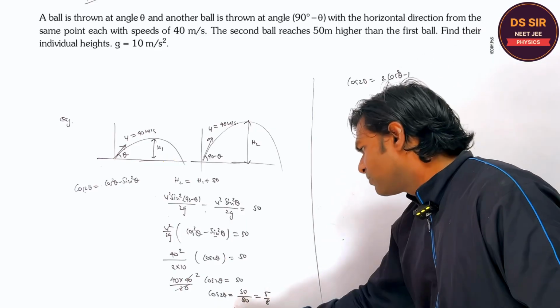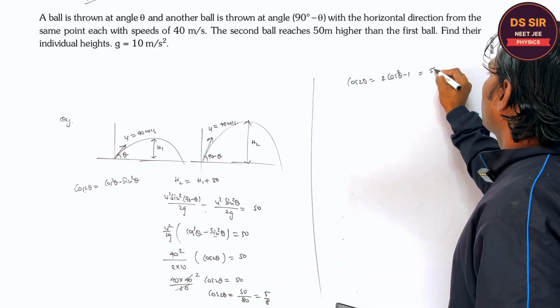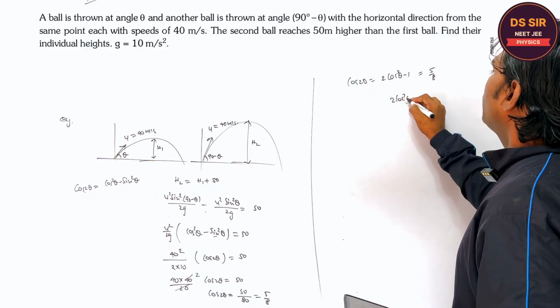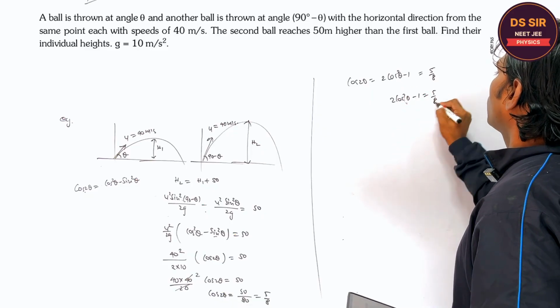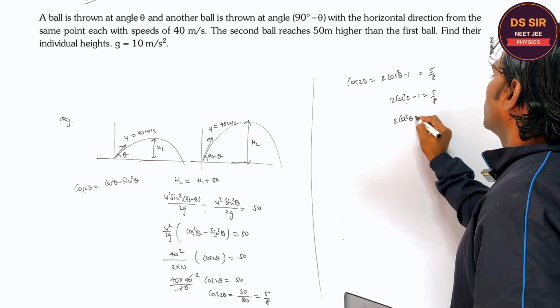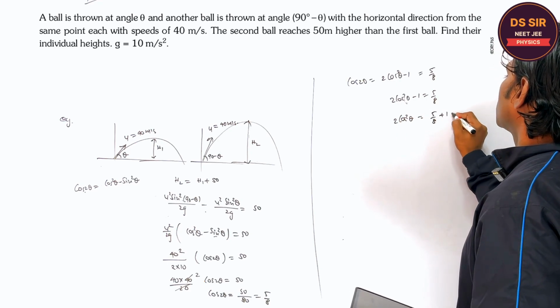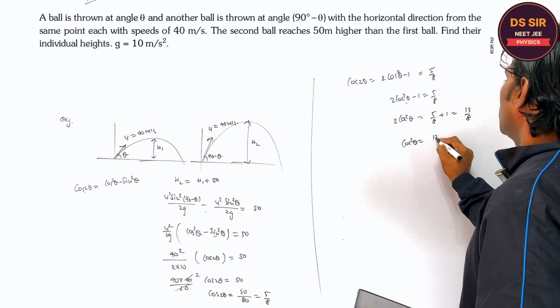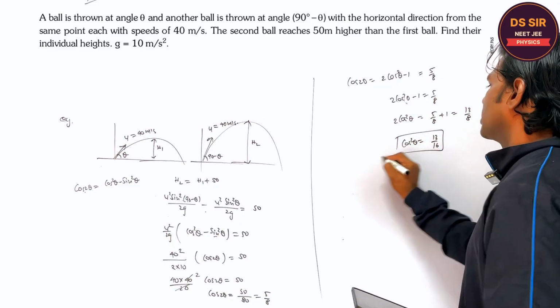Fine. And its value is coming to be 5 by 8. So from here, we can find 2 cos square theta is equal to 5 by 8 plus 1, which is 13 by 8. So cos square theta is what? 13 by 16.